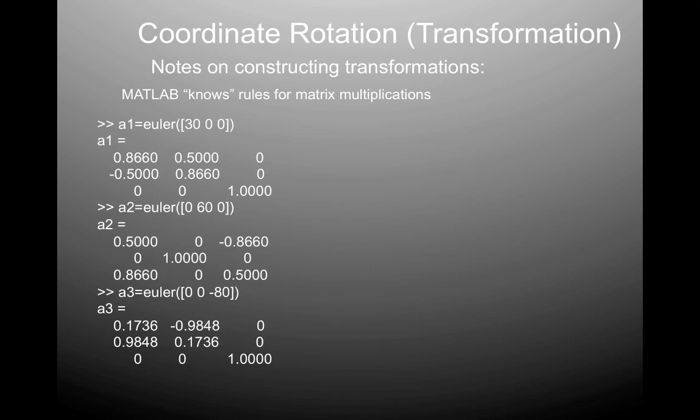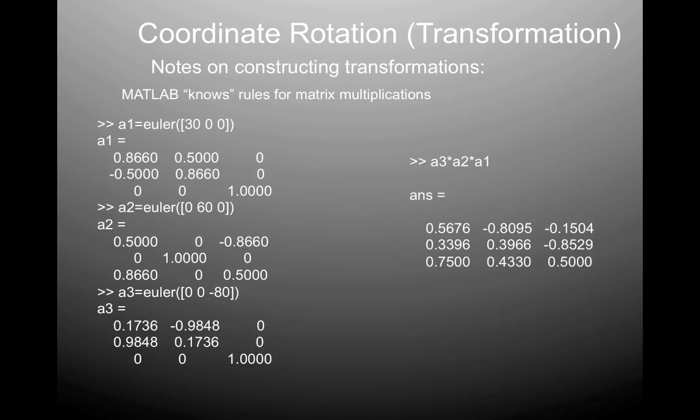These are the three angles that I used in the previous slide. Now I can do the composite rotation, which is A1 rotated by A2 rotated by A3, simply by matrix multiply A3 times A2 times A1. And this returns a transformation matrix of this form, which is exactly the same as the transformation matrix you would have gotten if you typed Euler with those three angles in the argument.